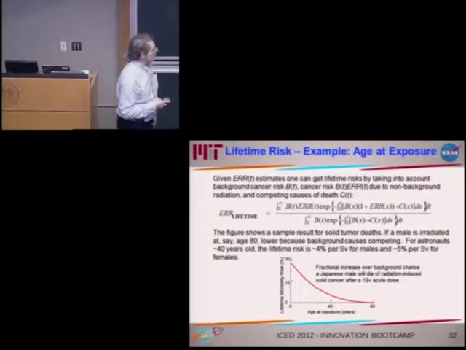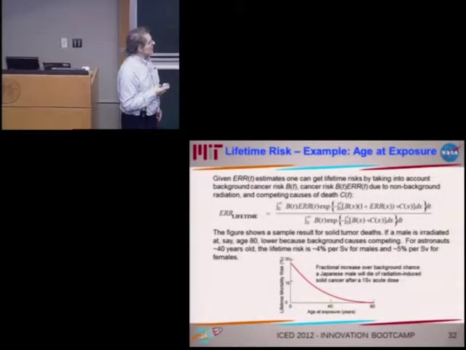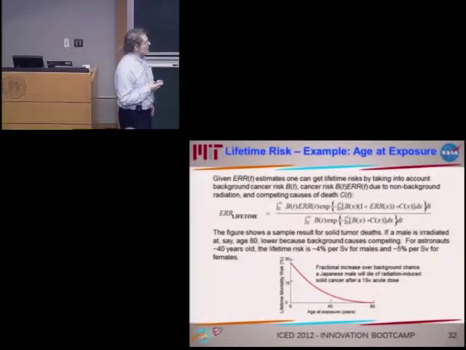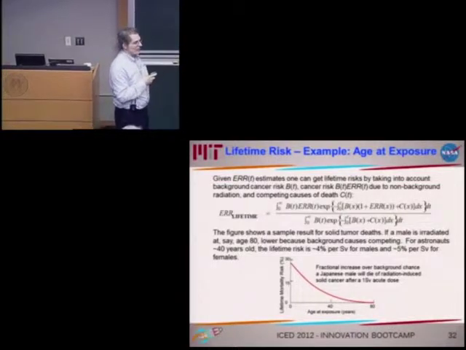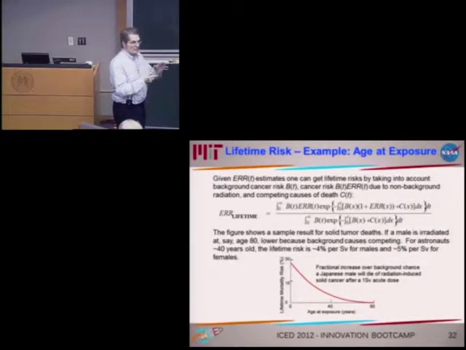If you think about the background cancer risk as B of t, and the competing causes of death as C, then the denominator of this function up here has an exponential function, which is that same thing we've been talking about a lot: B plus C is the totality of the causes of death.